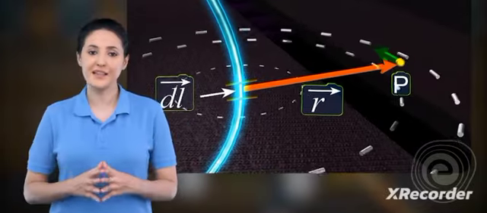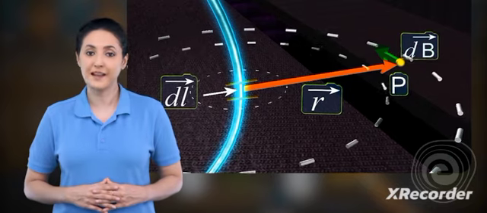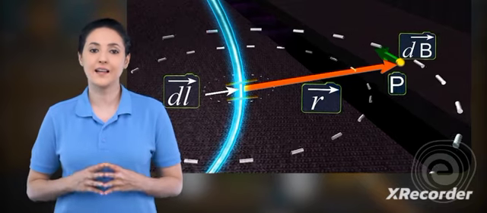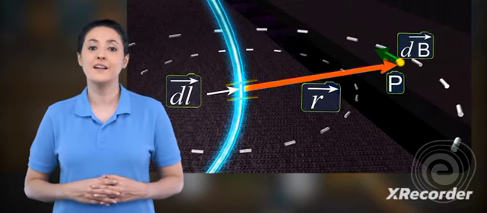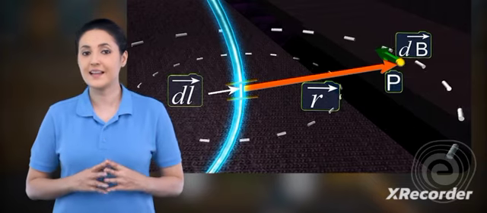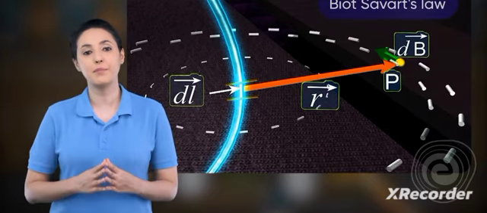The magnetic field vector dB at P due to the current I in the element vector dl can now be found by using Biot Savart's law.